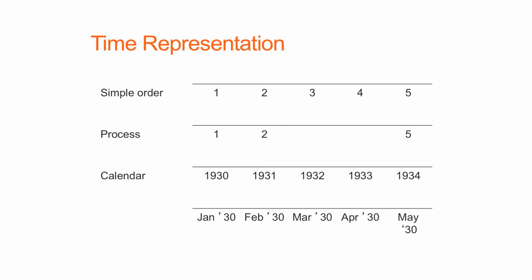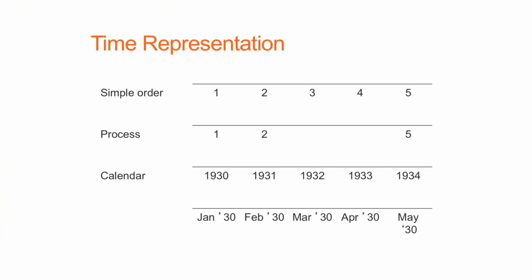We could also look at a process scale. If we have a continuous time, we can say that, okay, there is a time 1 and a time 2 that we're interested in. Things happen over time 3 and 4 that we're not interested in, and then an event happens at time 5. And we might have data for those 3 points and use that for further analysis.